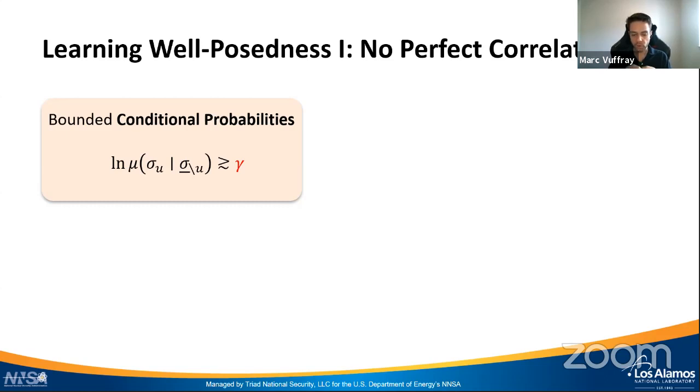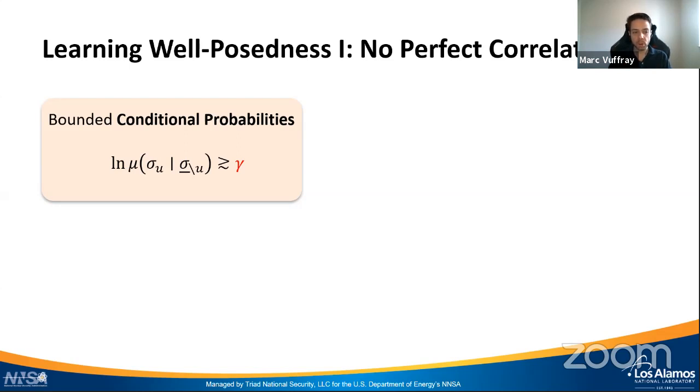You want each variable to have a certain amount of variability conditioned on its neighbors. If you think about the classical normal distribution, it's a bit like asking that the matrix is non-degenerate, that there is no strong or perfect correlation between any two variables.